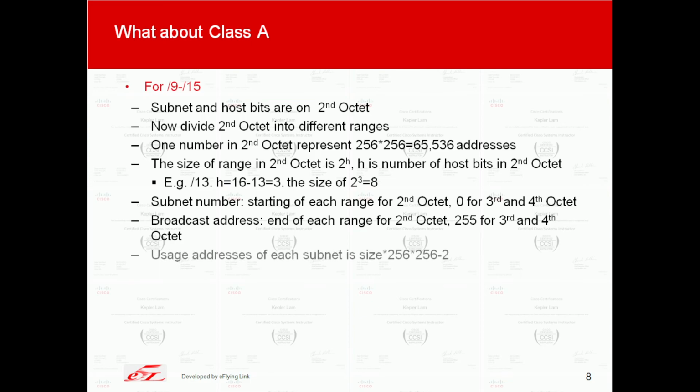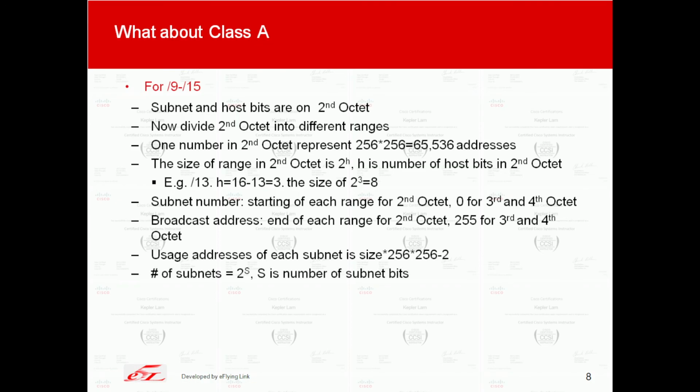As mentioned, one number in the second octet already represents 256 squared IP addresses. So the size of the range represents the size times 256 squared IP addresses. Once again, because the first and the last addresses are not usable, we minus these 2 to get the number of usable addresses of each subnet.